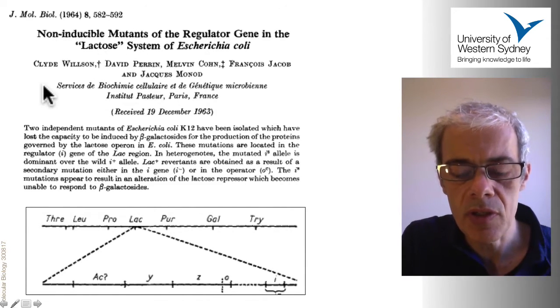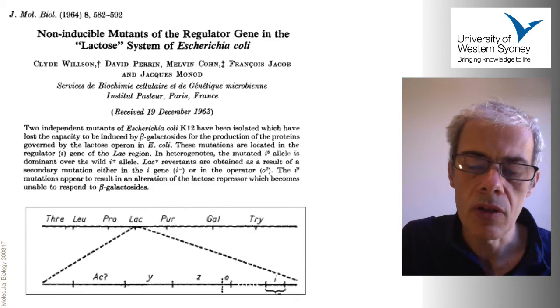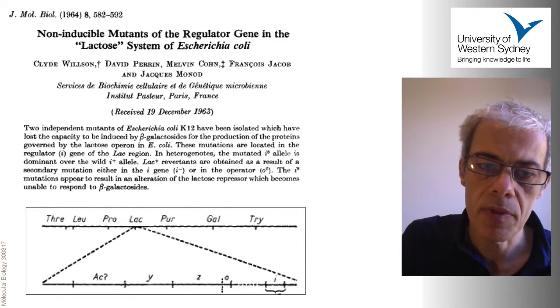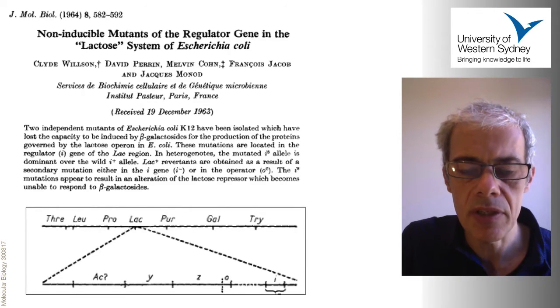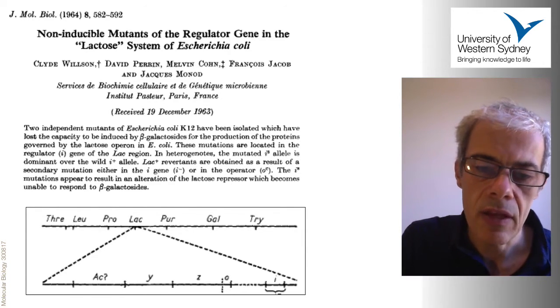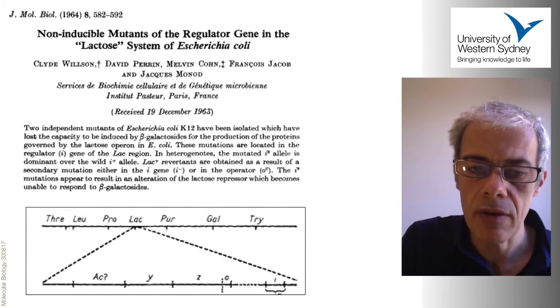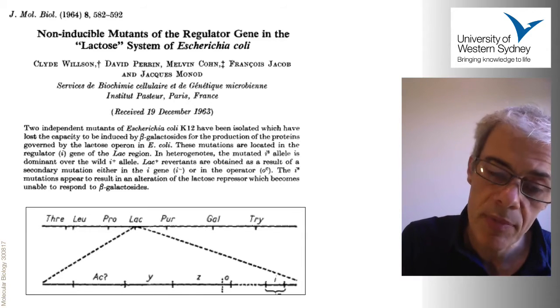So these were mutants that they couldn't switch on to upregulate the genes for lactose metabolism. And they discovered other mutants that couldn't be turned off, so that the genes were always on to metabolize lactose even in the absence of lactose.